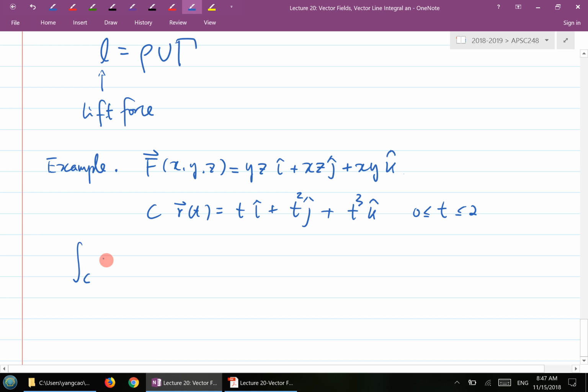I want to calculate the vector line integral over this curve C. I'm choosing this second notation here, but bear in mind this is exactly the same as this expression.